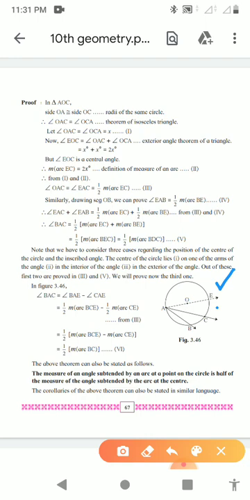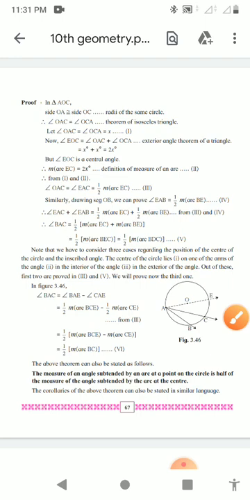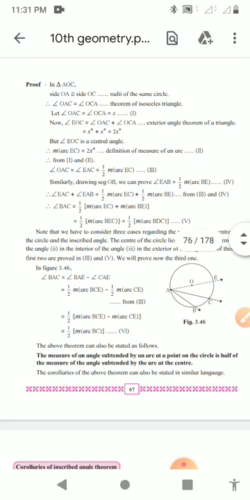If we subtract this CAE portion from the complete angle, we will get angle BAC, this portion of the angle. So angle BAC equals angle BAE minus angle CAE. We have to consider this diagram.